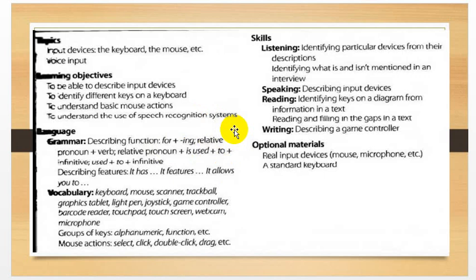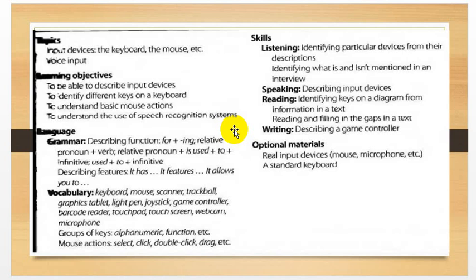Language and grammar: describing function with for plus ing, relative pronoun plus verb, relative pronoun plus is used to plus infinitive, and used to plus infinitive, describing features: it has, it features, it allows you. You can use these expressions in sentences and in your daily conversation.